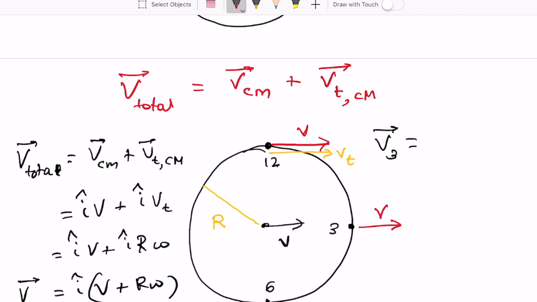And it also has a tangential velocity. What's the direction of its tangential velocity? Clearly, the direction of the tangential velocity would be like this. And the tangential velocity is always r omega.